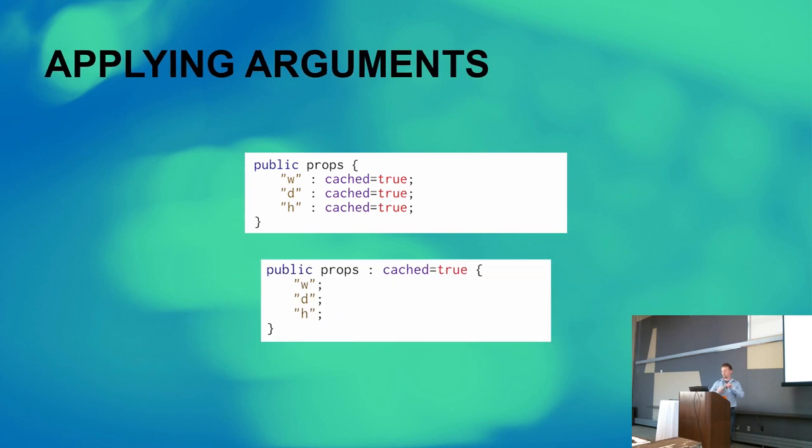So instead of actually saying cached equals true for every single PropDef, I'm just putting it on the prop scope, so that makes it apply to everything within the scope. So now all of those guys are cached.